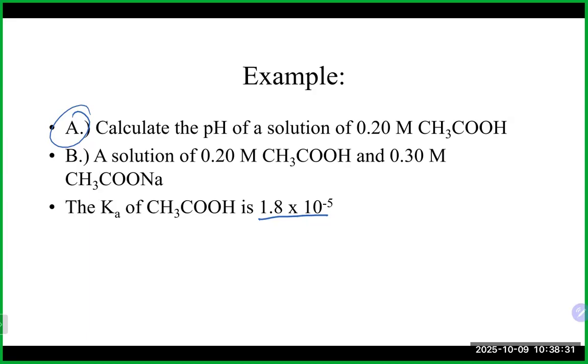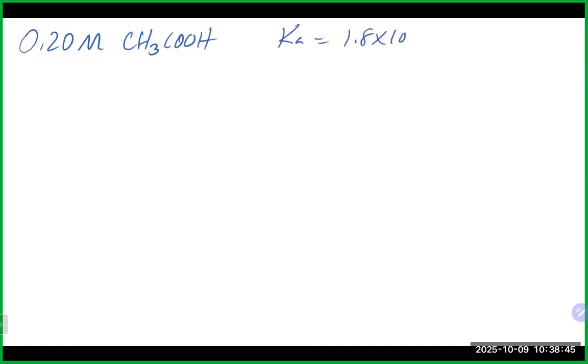Let's take a look here. The first one, we've got 0.2 molar acetic acid, and we've got a Ka value of 1.8 times 10 to the minus 5. So clearly we have a Ka value, so we know this is a weak acid, and if it's a weak acid, we need to do an ICE table, like we did earlier.